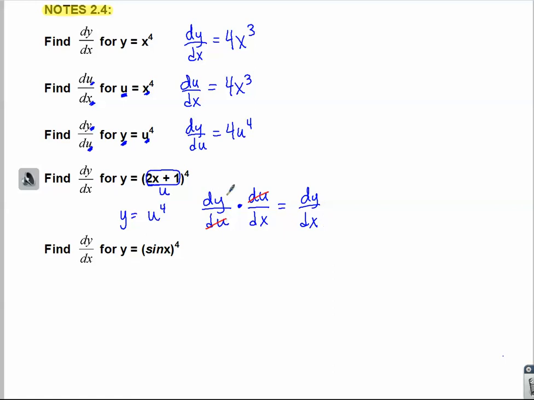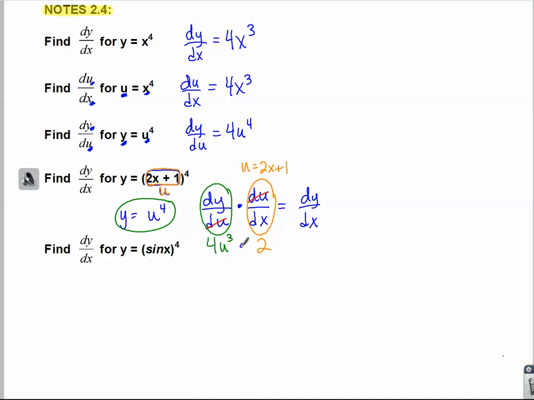So here's what this means. The derivative of y with respect to u means the derivative of this expression, which is 4u cubed. The derivative of u with respect to x, well, u is the inside function, 2x plus 1, and the derivative of it is 2.